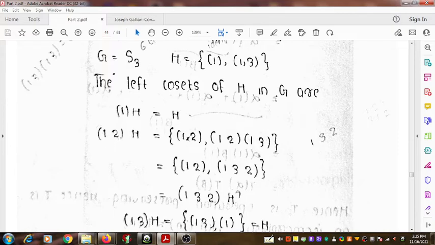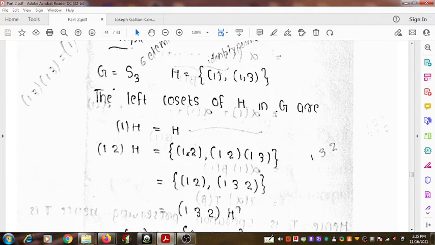That element is then used to pre-multiply H, and the answer is (1 2) because H contains identity. First one is the identity permutation. Identity permutation, when multiplied by any permutation, gives the same permutation (1 2).